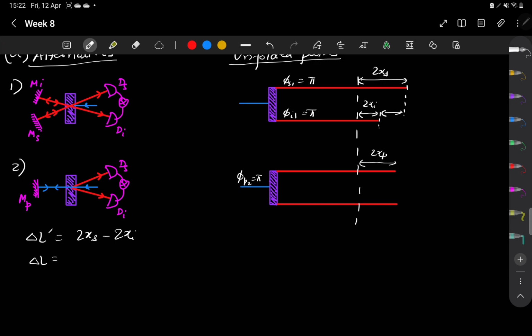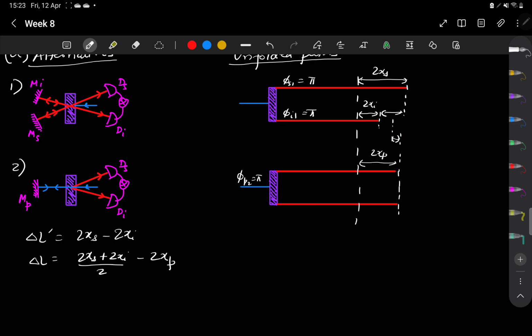Delta L is (2xs plus 2xi)/2 minus 2xp. That is the average position over here minus the average position of this one.